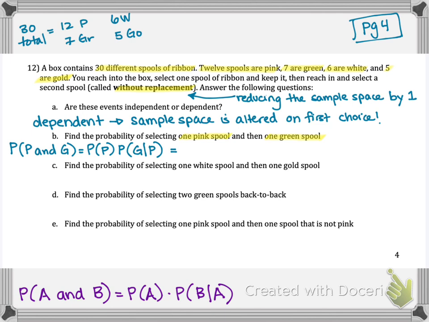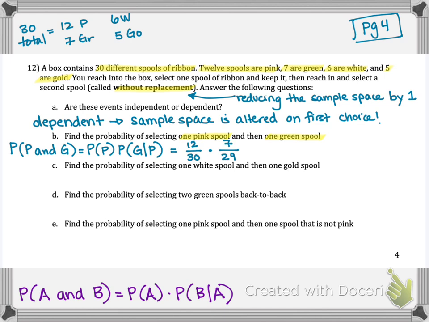So when we set this up, the first thing I always do are my denominators. So let's begin with 30 again. But remember that the second time, these are dependent. So my second denominator is actually 29. Now let's look at the numerators. 12 spools are pink. And if I take a pink one and I keep it, that does not change the number of green spools.